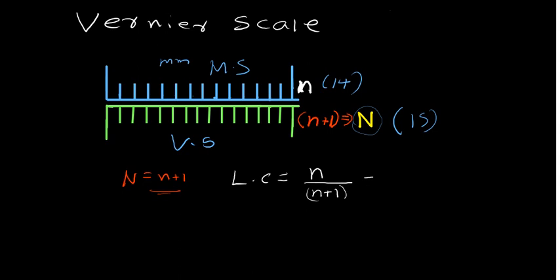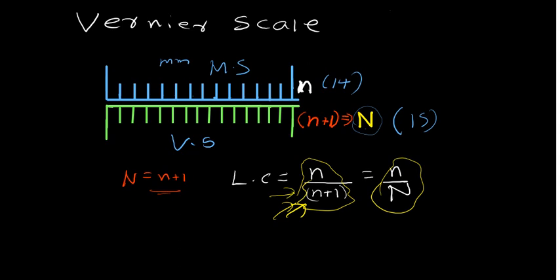In another way you can write it as n over capital N. This is really essential as well, because your teacher might have only taught you this part. It is also really important to remember, because MCQs can come up in many ways.